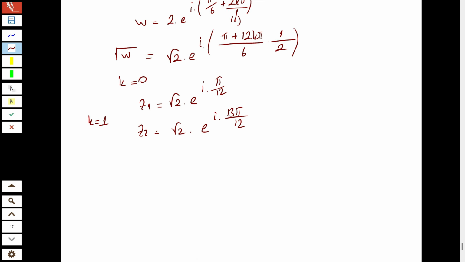In this case, we can subtract 2 pi from this angle, and we get minus 11 pi over 12. Yeah, this is the second root.